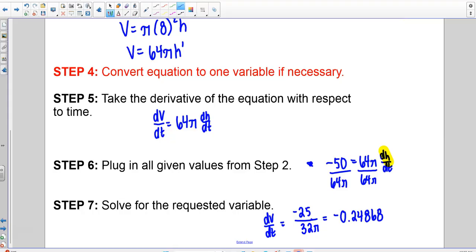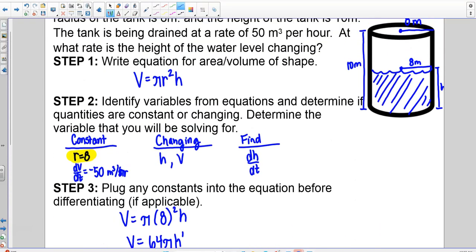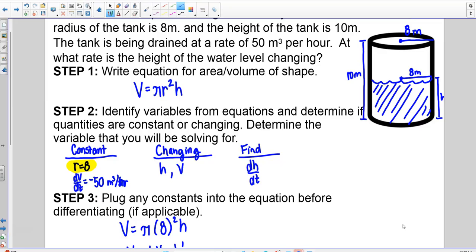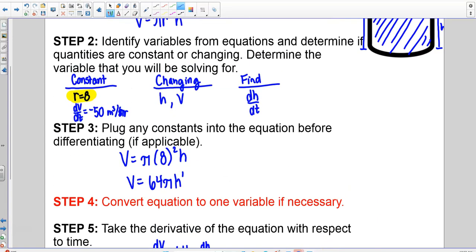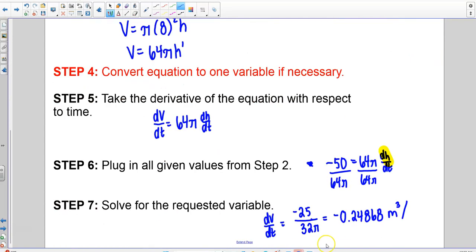Units, think dV/dt, change in volume over change in time. How are we measuring volume for this problem? Meters cubed, because volume is going to be cubic meters, right? So meters cubed per, and then our time was hours. Oh, it's h, isn't it?